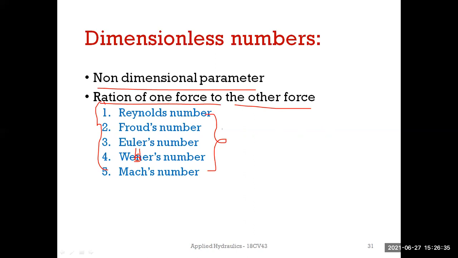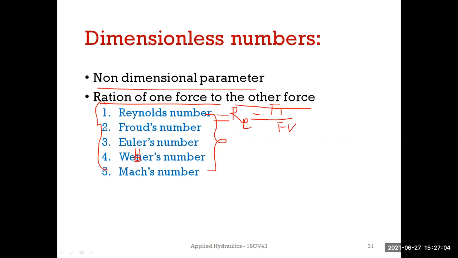So what is Reynolds number? Reynolds number is denoted with the symbol Re. It is the ratio of inertia force with the viscous force.